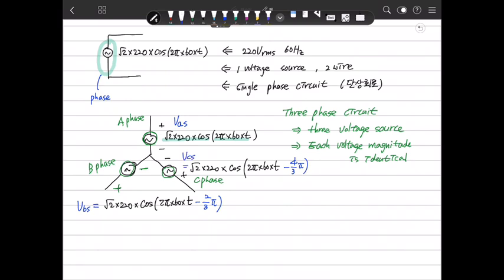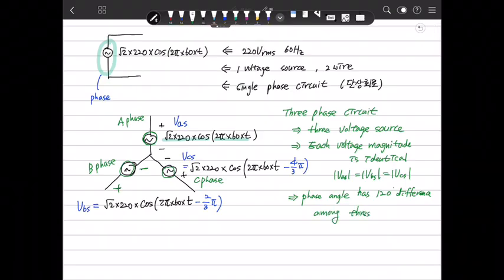The magnitudes of VAS, VBS, and VCS are generally the same, but the phase angle has a 120-degree difference among the three AC voltages.